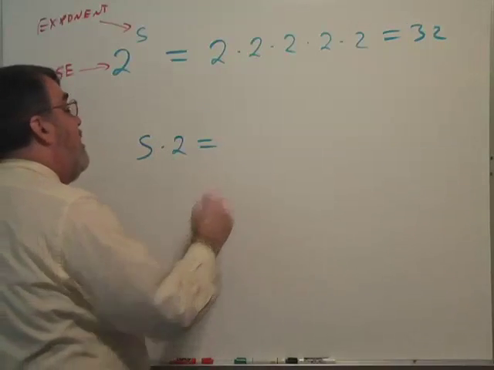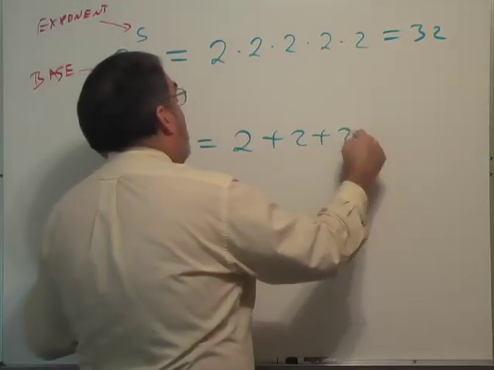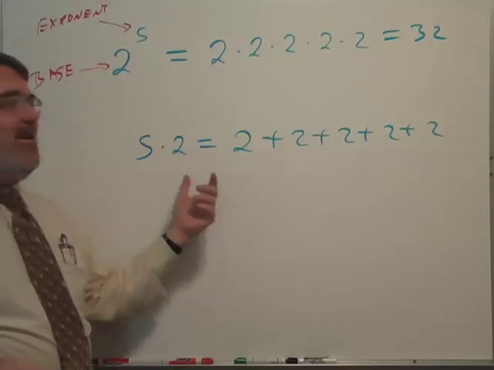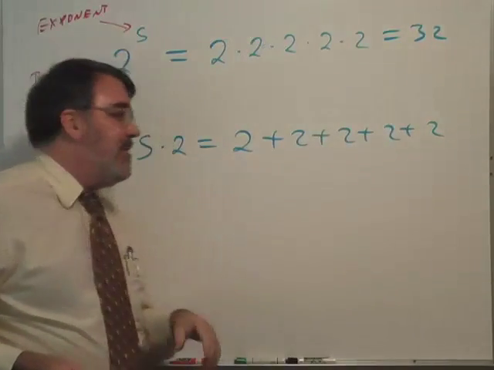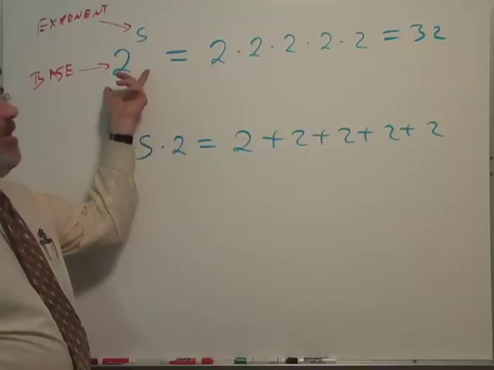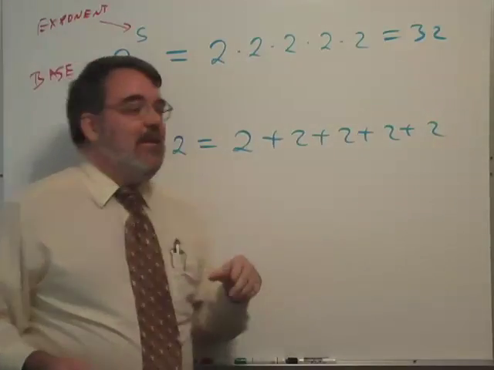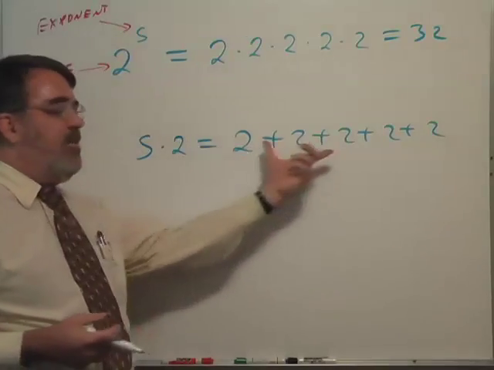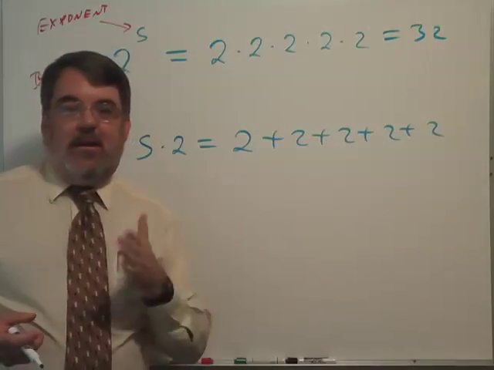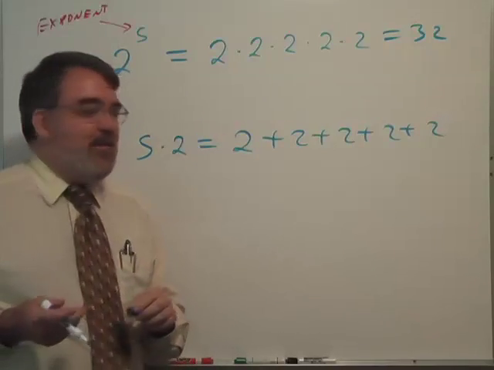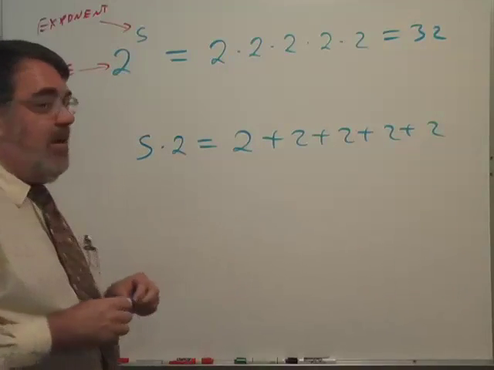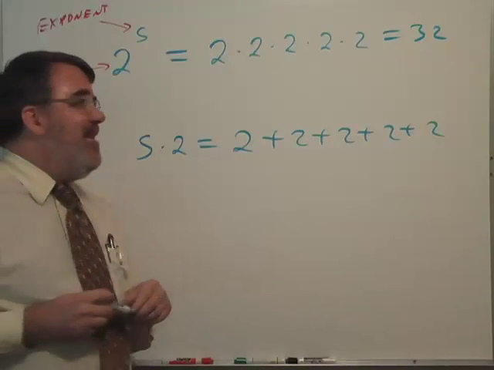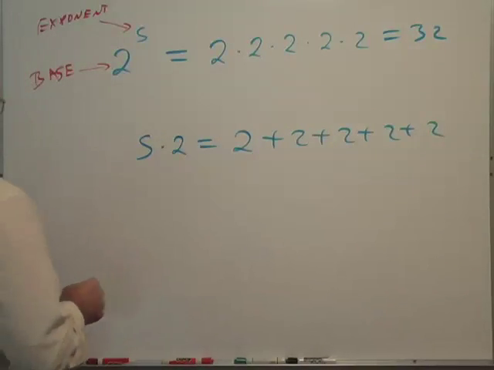Well, 5 times 2 means to add 5 2's together. So multiplication is a repeated addition. And exponentiation is a repeated multiplication. So in that sense, they're kind of similar, in that multiplication is a short way of doing a lot of repetitive additions. And by the way, in case you're wondering, division is a repeated subtraction. And so I'll leave it at that.